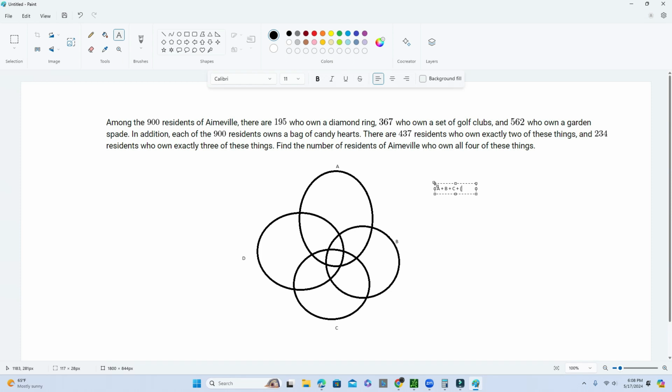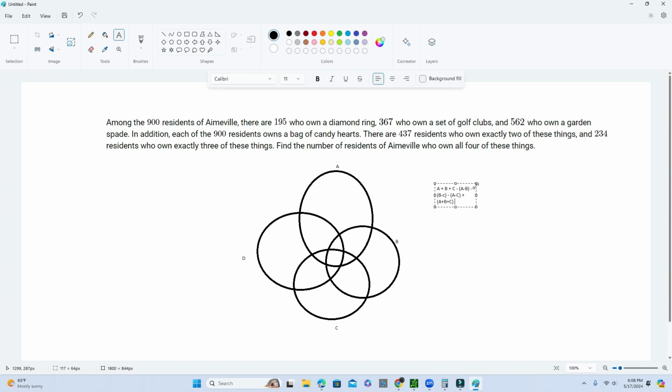There is a proper notation for that, but it's difficult to write, so I'm just going to use a minus to represent subtracting the overlaps. And then it would add back the overlap of all 3 of them.